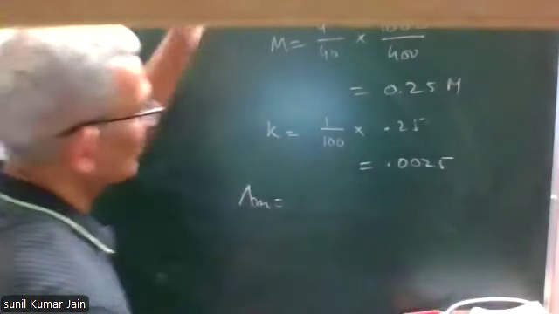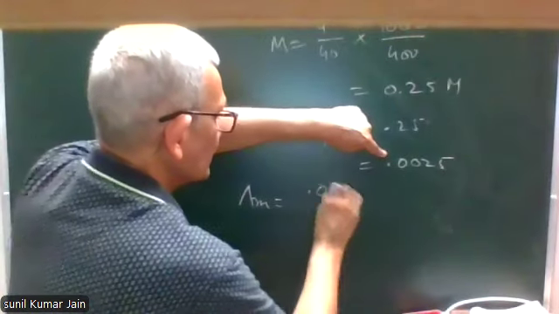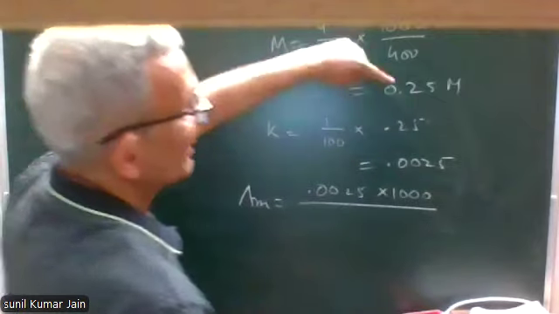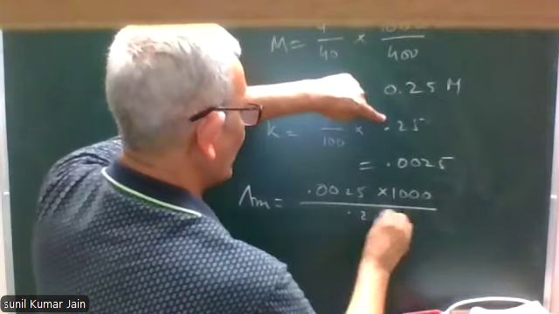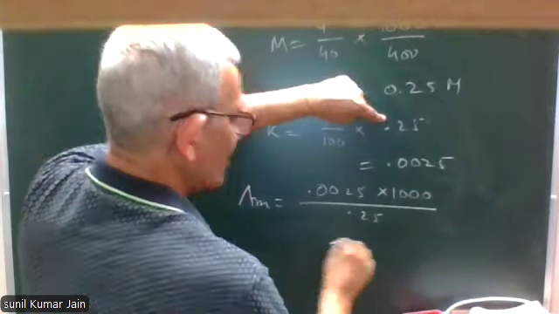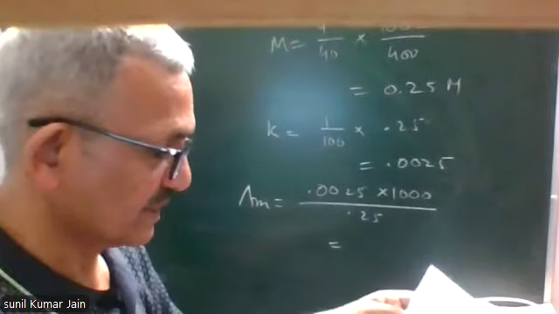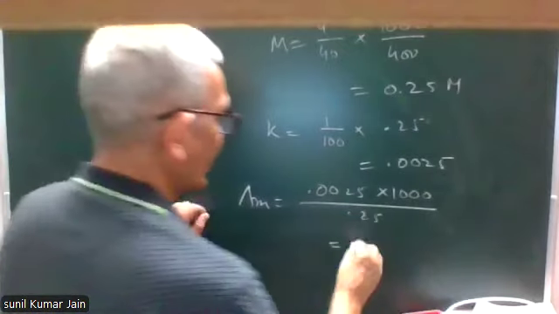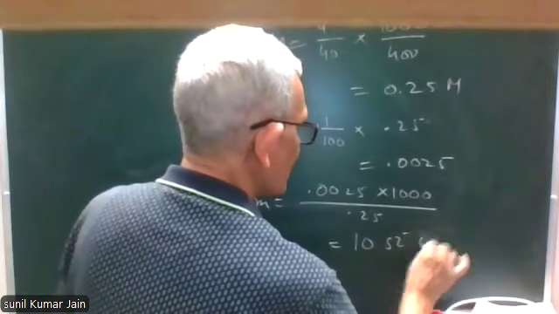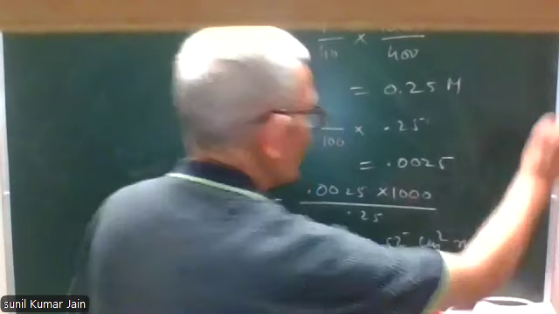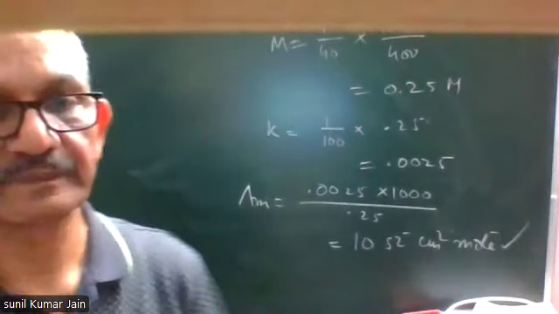Now, lambda m is equal to kappa into 1000 divided by molarity 0.25. So the answer will come out to 10 ohm inverse, centimeter square, mole inverse. This will be the answer.